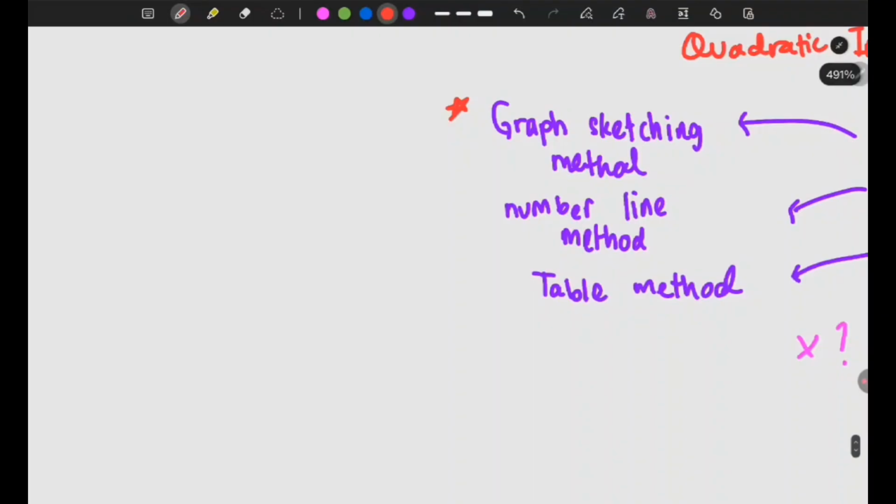So easy. Let's just say you see a quadratic function where it's more than or equal to 0, make sure the other side is 0.